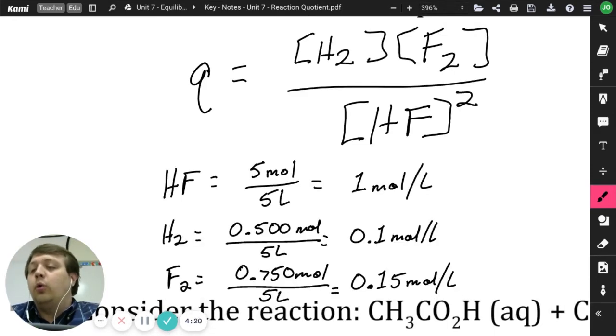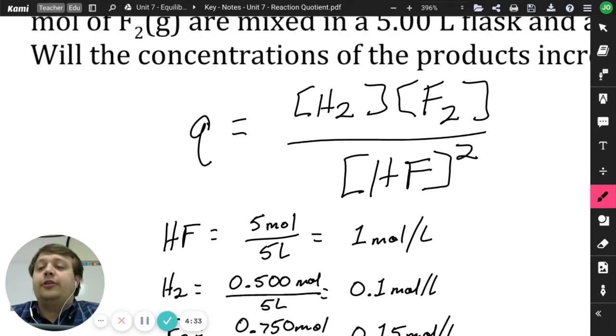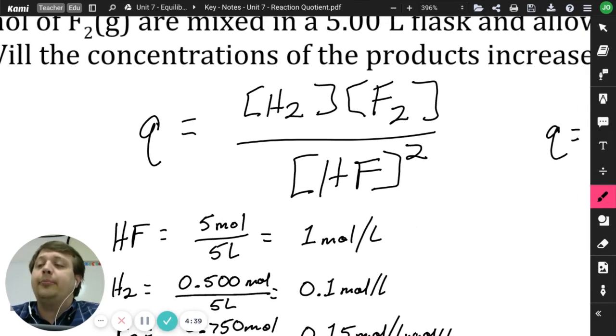So 1 mole per liter for the HF, 0.1 moles per liter for the H2, and 0.15 moles per liter for the F2. Then I did my Q expression here. So Q equals the concentration of H2 times the concentration of F2 divided by the concentration of HF squared.